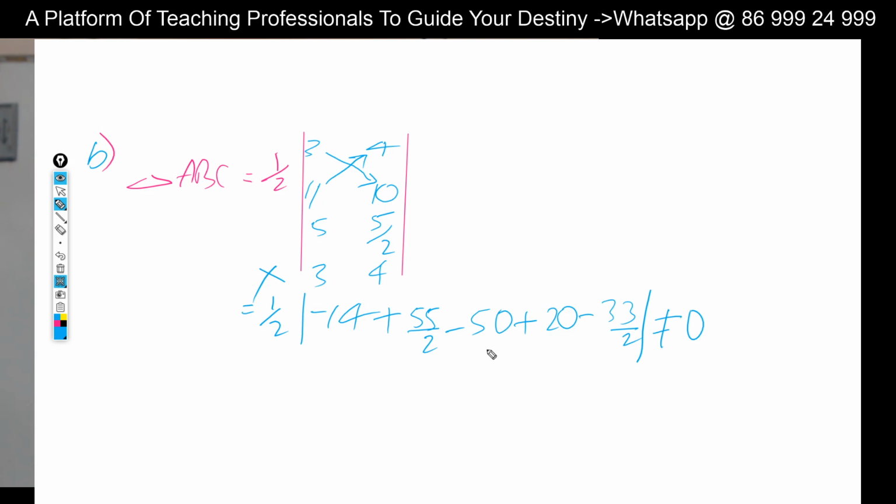That is not getting changed. And this is 20 minus 15 by 2. You have to count this. This is minus 64 plus 20, minus 44. Minus 44, this is not equal to 0 again. So B is not the answer either.